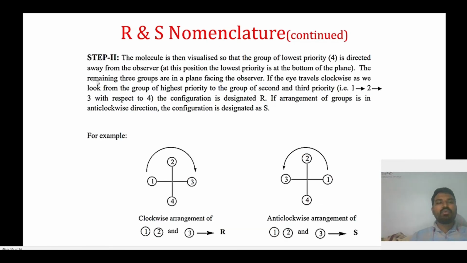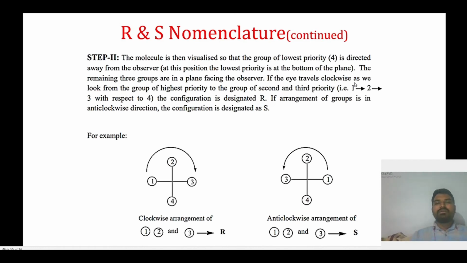Step number 2. The molecule is then visualized so that the group of lowest priority, 4, is directed away from the observer. At this position, the lowest priority is at the bottom of the plane, away from the observer.